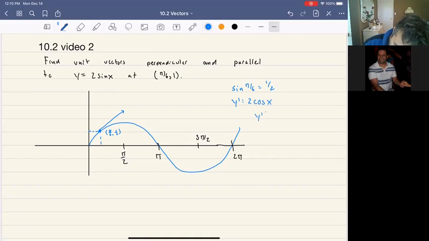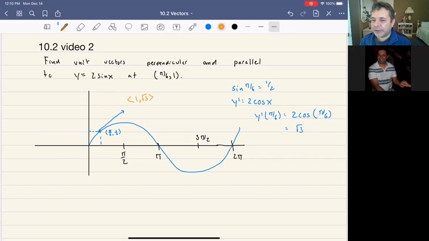So y prime at pi over 6 is 2 cosine pi over 6, and that's root 3. Okay, so what's going on here? This vector is the vector 1 comma root 3. What does that mean? As you go to the right by 1, you're going to move up square root of 3.